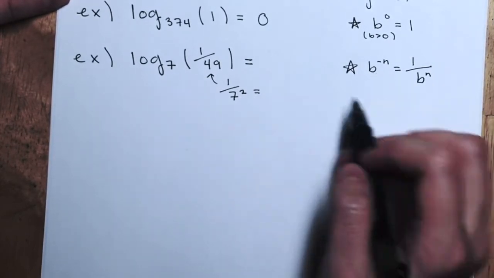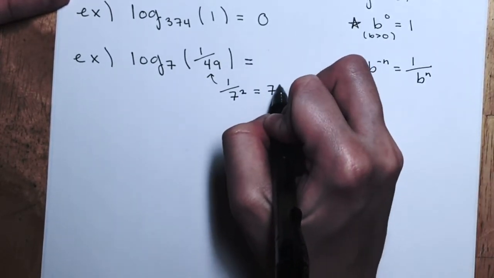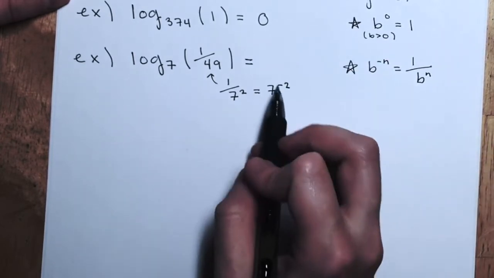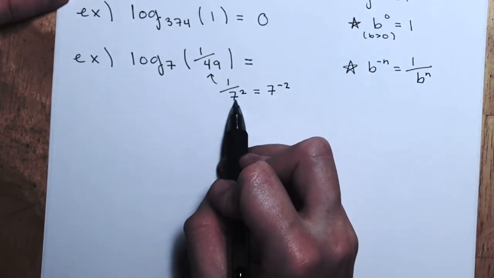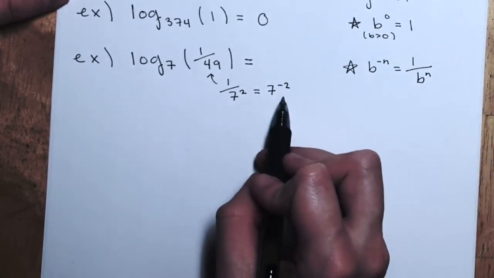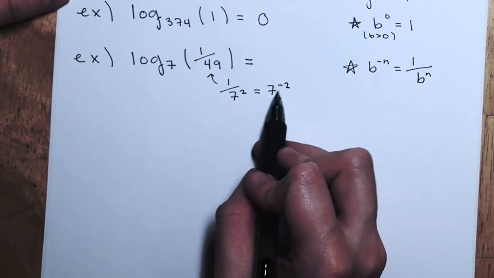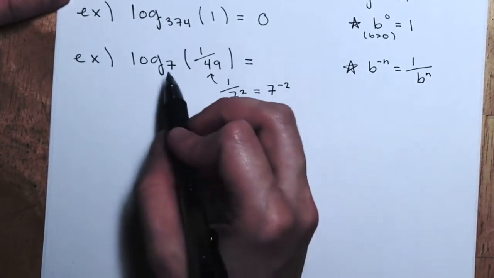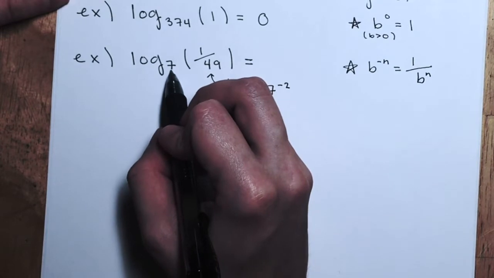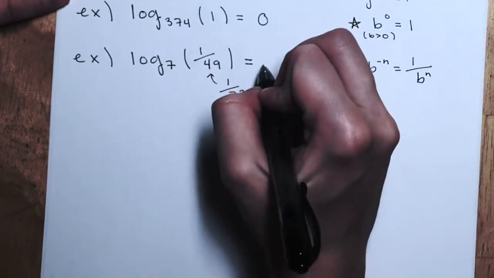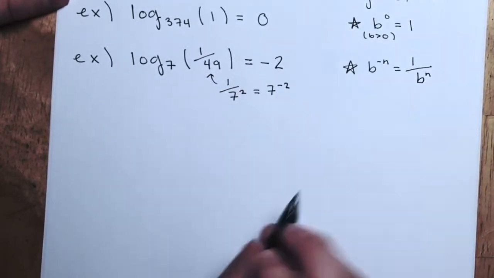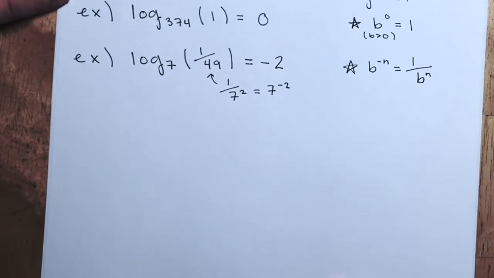Well, from this fact, we know that this is equal to 7 to the negative 2. If we have the reciprocal, then we can rewrite it as 7 to the negative 2, which means that we've raised 7 to the negative 2 to get this, and our output is negative 2.